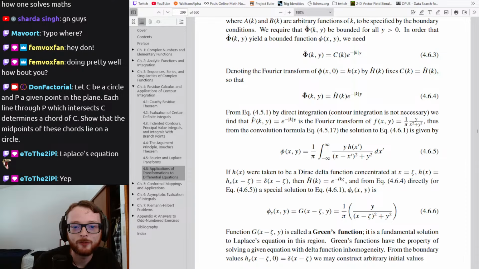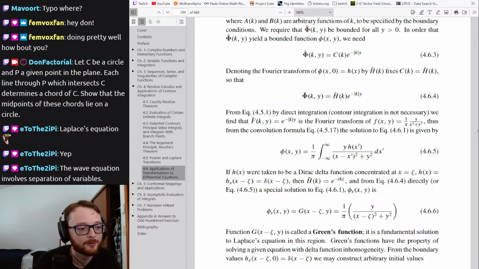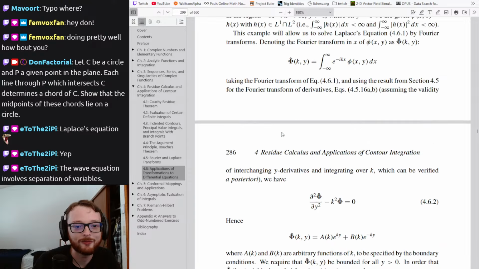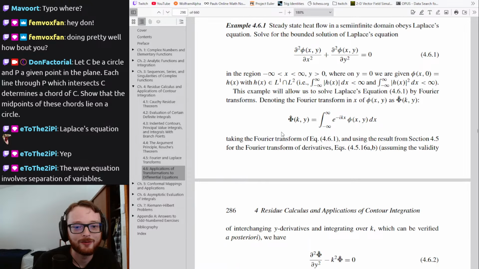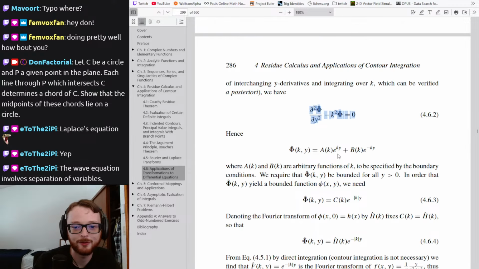To know the Fourier transform, the wave equation involves separation of variables. I guess it does, but we just kind of took a Fourier transform and didn't. If there was a separation of variables here, they didn't say it explicitly. We just kind of took the Fourier transform of it and found an ODE.